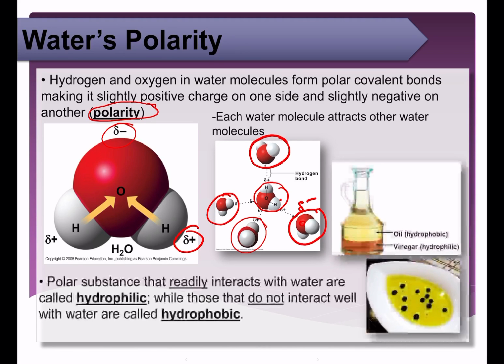And there are substances that will interact with water nicely, and those that repel water, depending on the physical property of the molecule itself. There are two different types: one that likes to react with water, one that doesn't. And those that interact with water nicely are usually also polar themselves, okay?